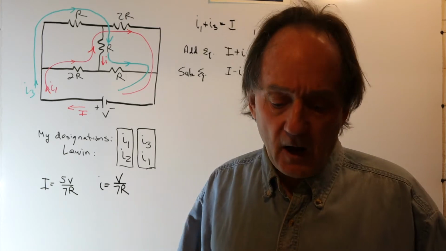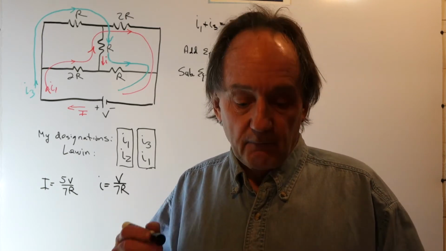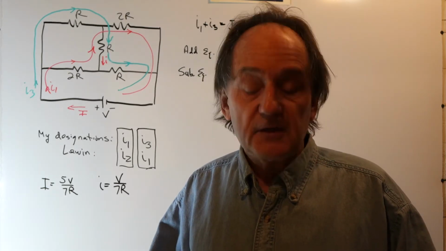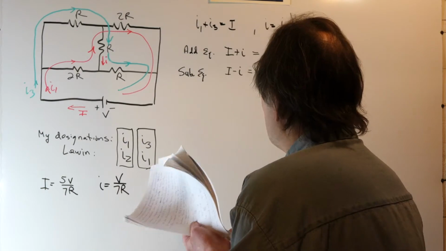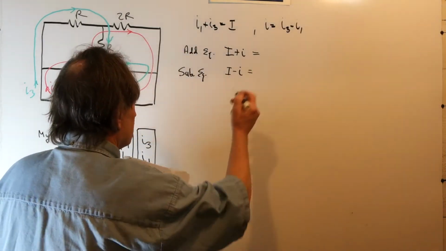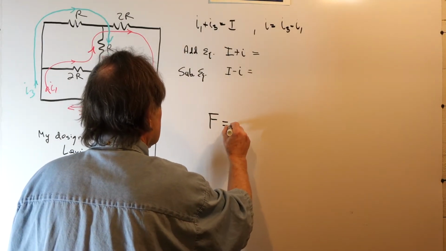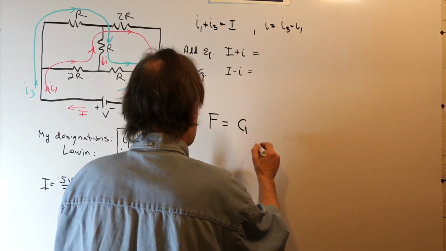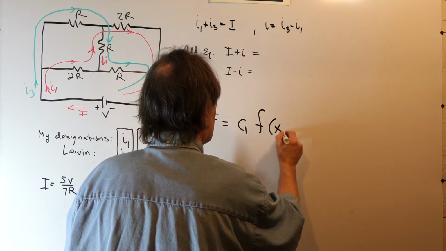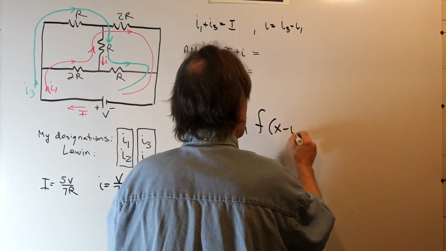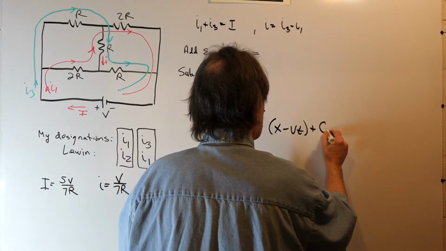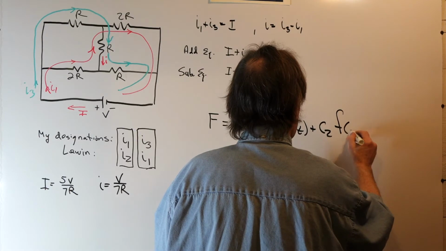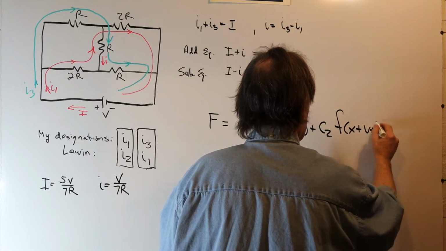We do this all the time in math and physics. For example, a classic way to find the solution to the wave equation is to guess a solution. What you do is you say, all right, suppose the solution to the wave equation is some C1 times a function of x minus vt plus another constant times a function of x plus vt.